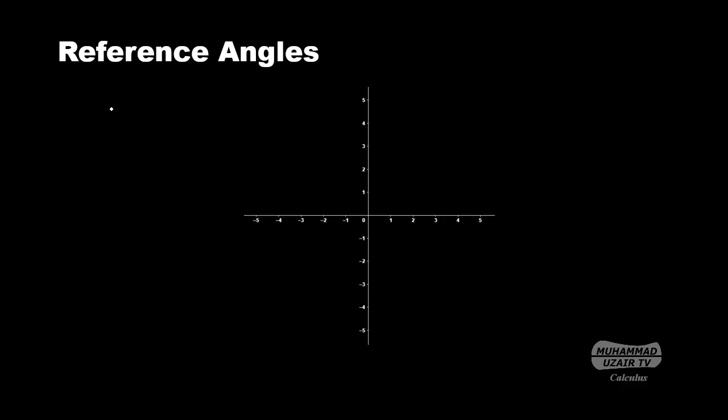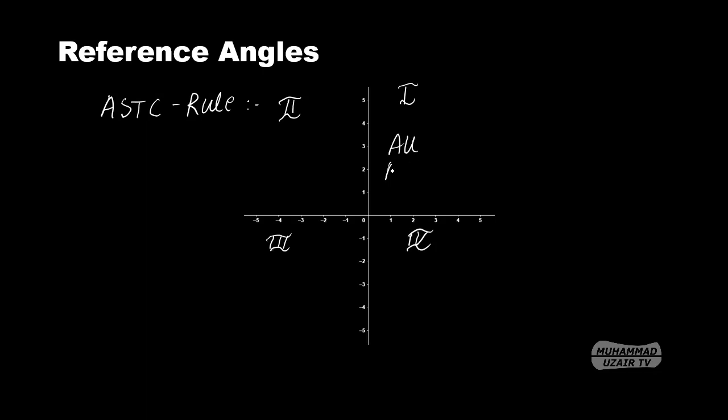So in reference angles we use the ASTC rule. As we know, this is the first quadrant, this is second, this is third, and the last one is fourth. In the first quadrant all will be positive. In the second quadrant, only sine and cosecant are positive.